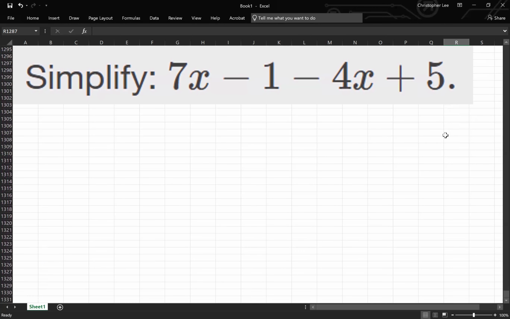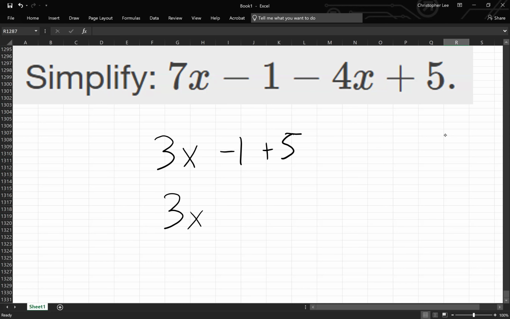Help me to do this. I want to simplify this. I have 7x minus 1 minus 4x plus 5. Right. So tell me the answer. Keep going. What is that? 4, right?